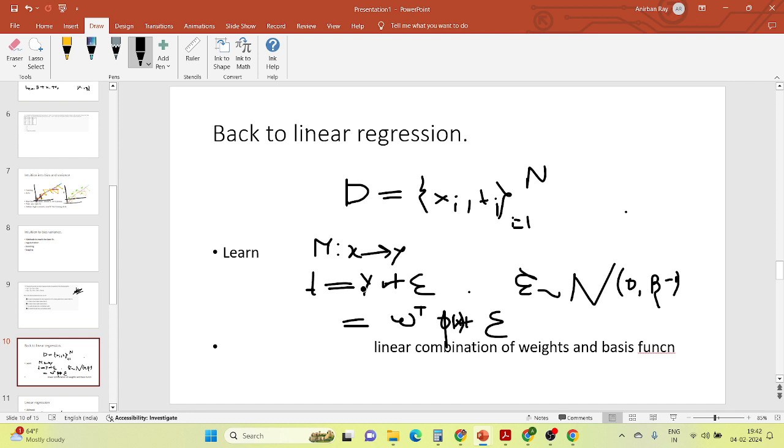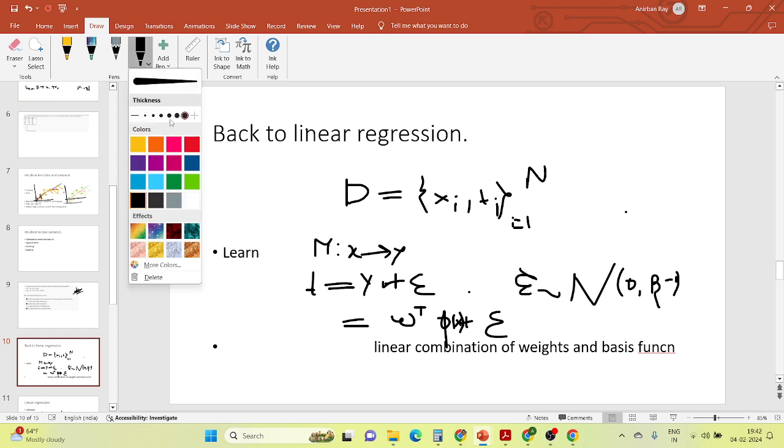What it means is that the data is not perfect. Like you have done experiments with different instruments, the instrument might not be on 0.